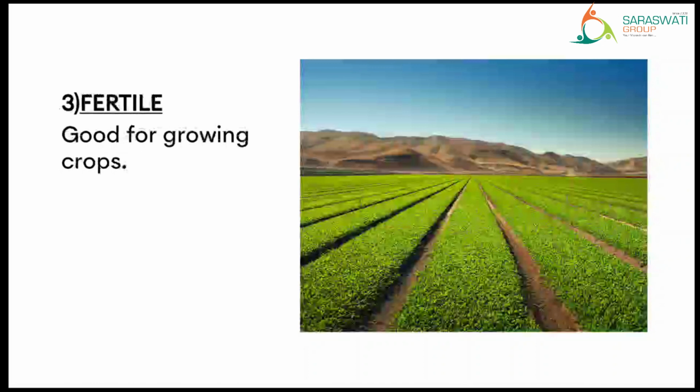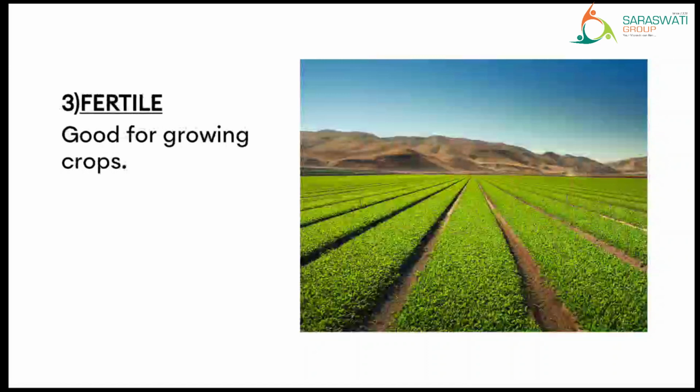Why is it so? See, if the quality of the soil is not so good, then the plants might not grow so well. But here, the land is very fertile, means the land is very good and it supports the growth of plants. And that is why here you can see large number of plants have been grown. It looks so beautiful.